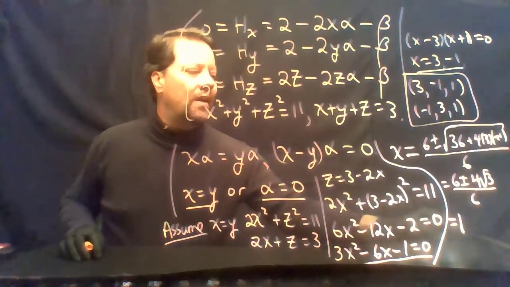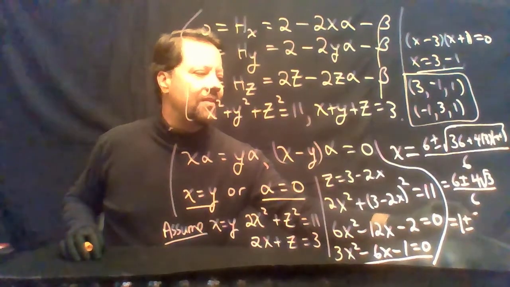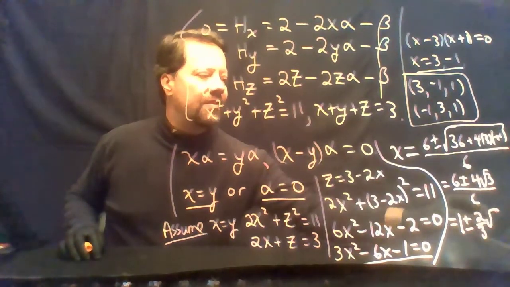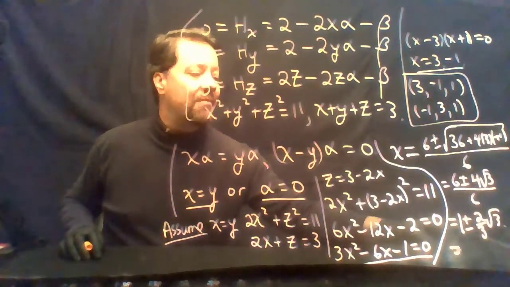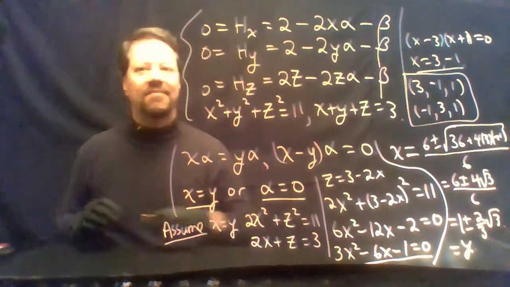That gives us 1 plus or minus 2/3 times the square root of 3, and that must also be y.